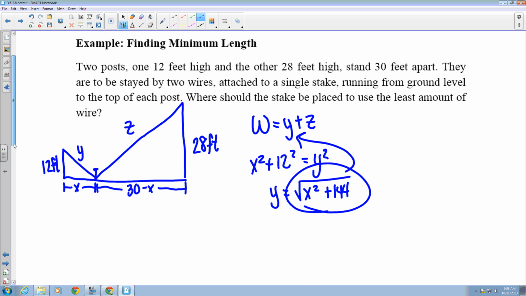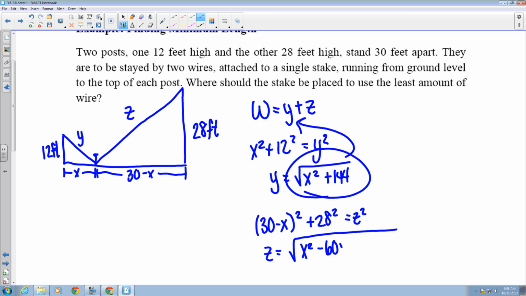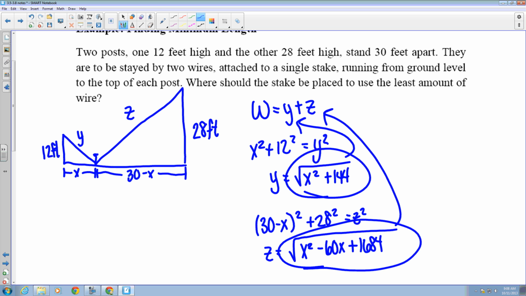And then the other equation that we have is 30 minus x, quantity squared, plus 28 squared equals z squared, and we need to solve that one for z and put it into w as well. Now I'm going to save us a little bit of time and solve for z. x squared minus 60x plus 1684, and then this square root is going to go in for z.